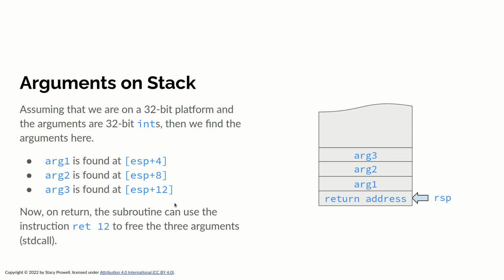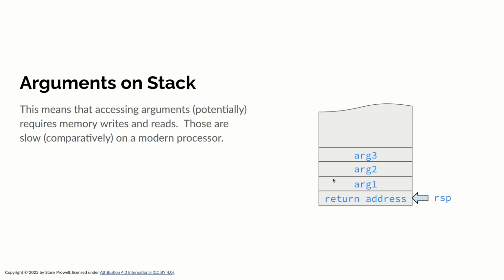Now on return, we use the instruction ret 12. What does that mean? That means we return, so we remove these 4 bytes and stick them in RIP, but then we also add 12 to the stack pointer. So once we pop the return address, we're pointing here, and then we add 4, 8, 12, and we've removed the arguments. Okay, great.